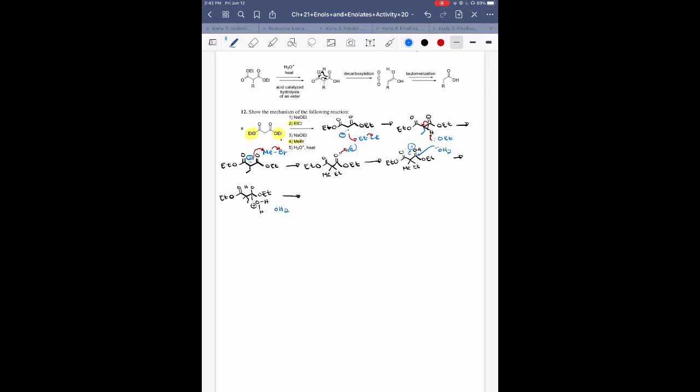And then our ethoxide group is going to be protonated with an H from the hydronium ion. And then the OH, the one that had the double bond originally, is going to collapse back. And then it's going to kick out our methoxy group.